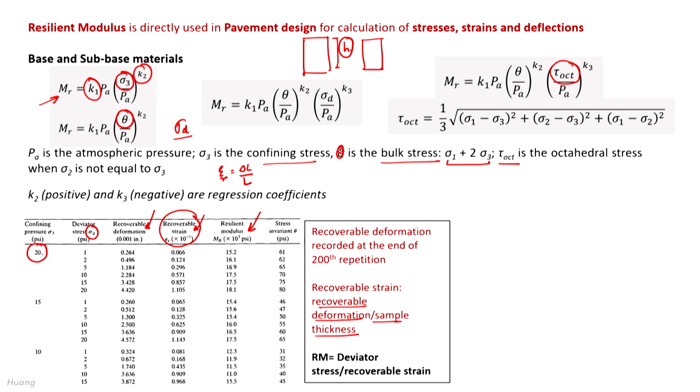In this particular experiment, if I am also interested in the value of the stress invariant, I know that it is equal to sigma 1 plus 2 sigma 3, and sigma 1 will be equal to sigma d plus sigma 3, which is 21 here. Let us say I am looking at the first case: 21 plus 2 into 20. So, this is 61, and that is why it is written 61 here.